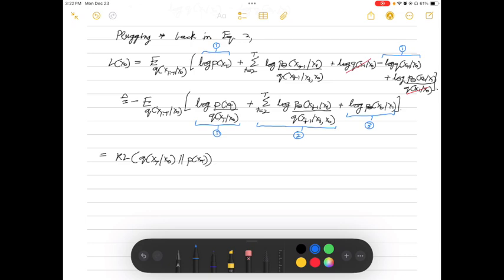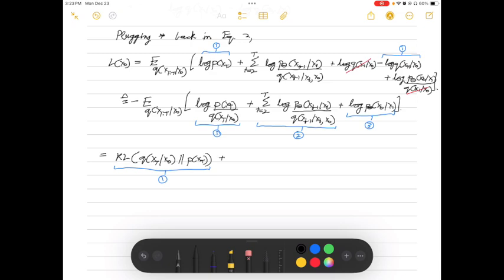So this is the first term as a KL divergence between the distribution of the diffused sample given the original sample and the normal distribution p of xt from which we start the denoising process.